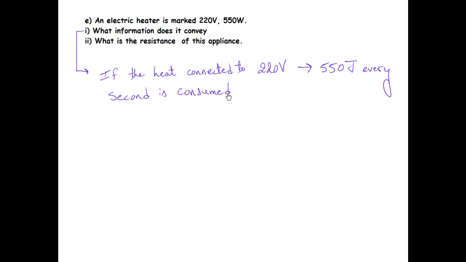Now have a look at this numerical. An electrical heater is marked 220 volts, 550 watts. What information does it convey? What is the resistance of this appliance? So as far as the information it conveys is that if the heater is connected to a 220-volt power supply, then it will consume 550 joules of energy every second.